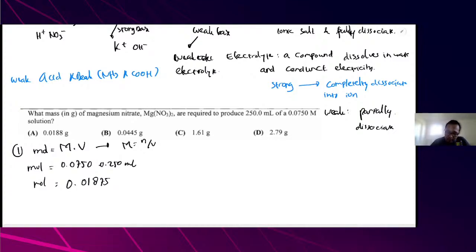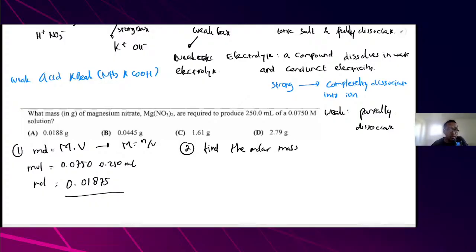We already got the moles of the solution. Now, number 2, we need to find the molar mass.